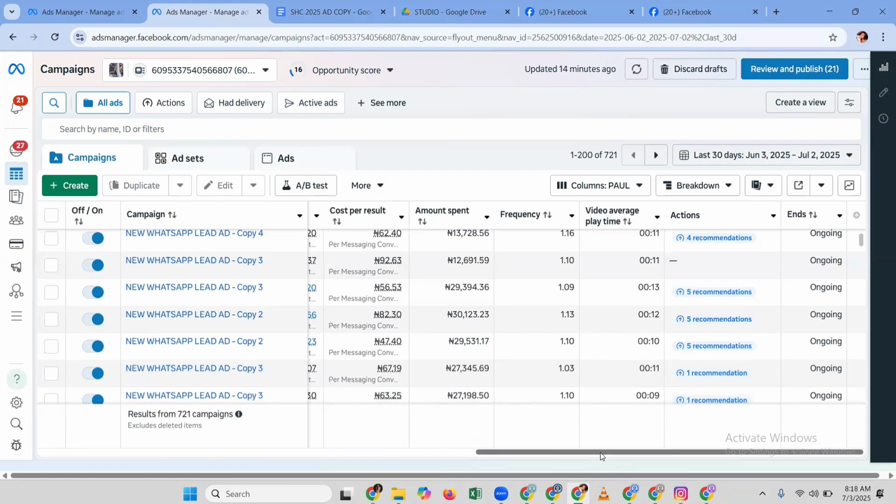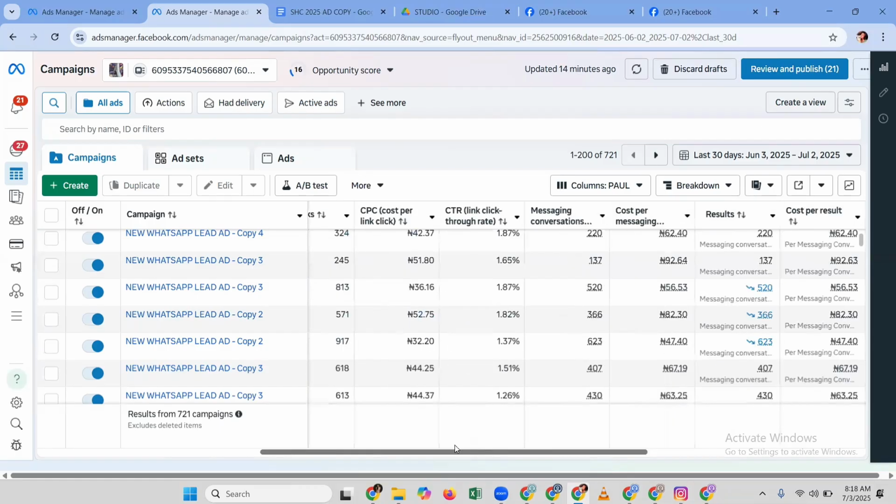As long as somebody on Facebook or Instagram has seen your advert on their news feed, on their stories, on their reel, your money is being deducted. Does that make sense? That's why you must make sure your advert is speaking to people that need it. Your advert has to be very convincing so that the more Facebook shows it on people's news feed, the more action those people are going to take.